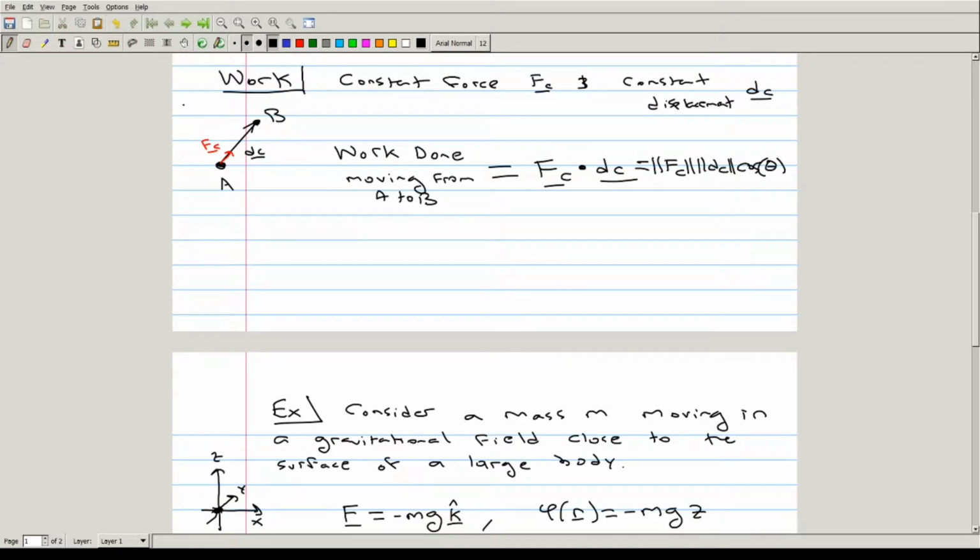I drew the force along the displacement, but this constant force doesn't necessarily have to be along the displacement path. So let's make this picture a little bit more general. Basically the force maybe looks like this, or it could be against or with, it doesn't really matter.